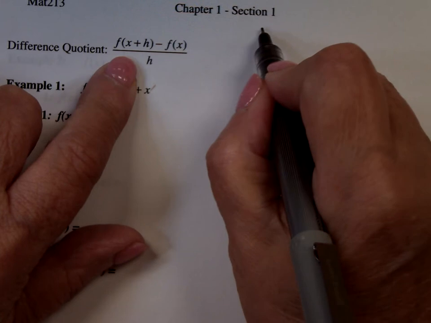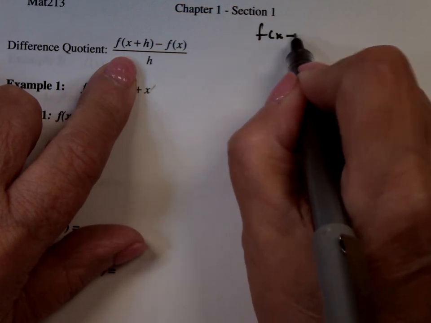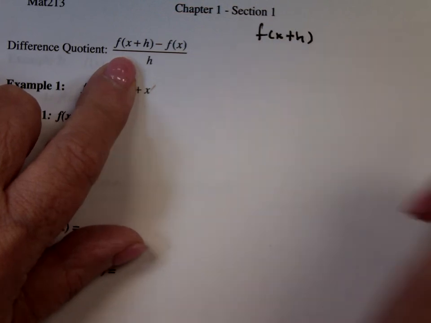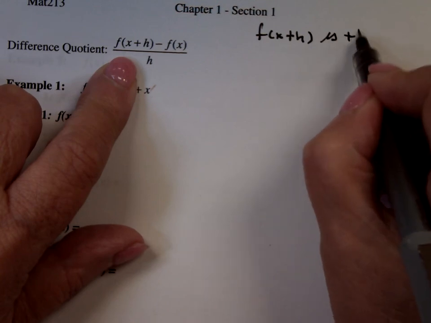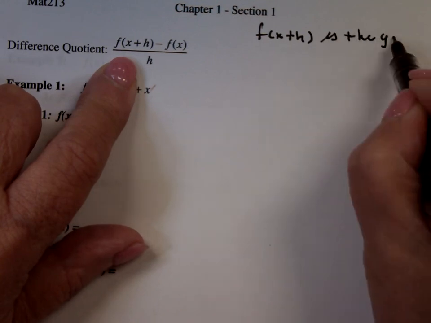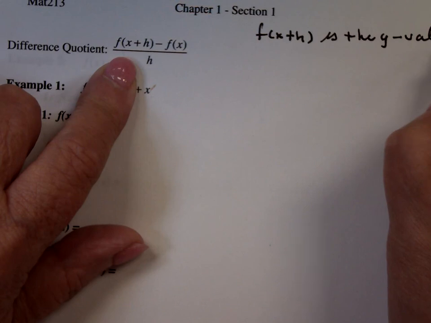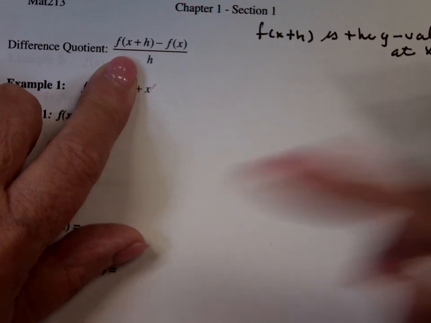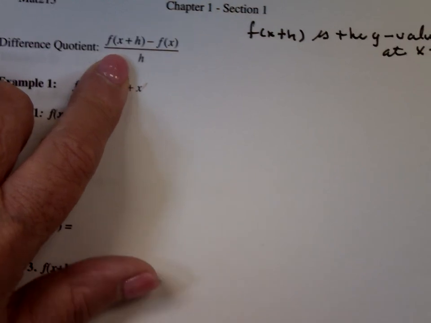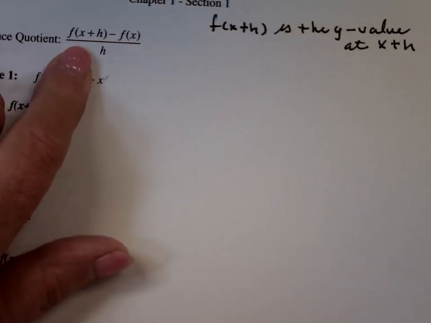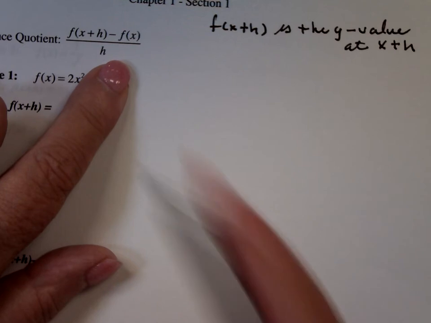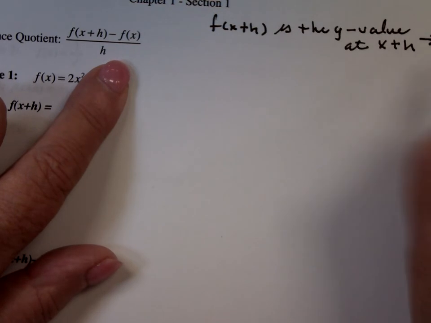Well, f of x plus h is the y value at x plus some number. So it's a y value, and I'm going to call it y2.